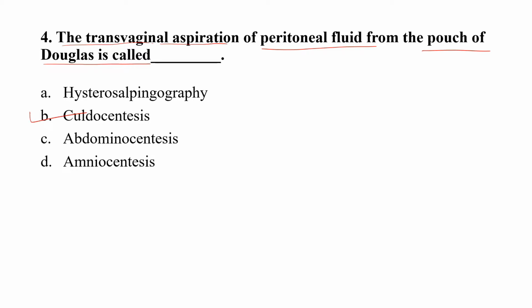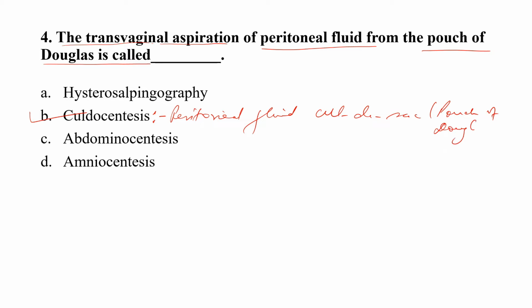It is a procedure in which the peritoneal fluid is aspirated from the posterior pelvic cavity, or the pouch of Douglas, also called the sac pouch of Douglas, through the posterior vaginal fornix, or transvaginal.